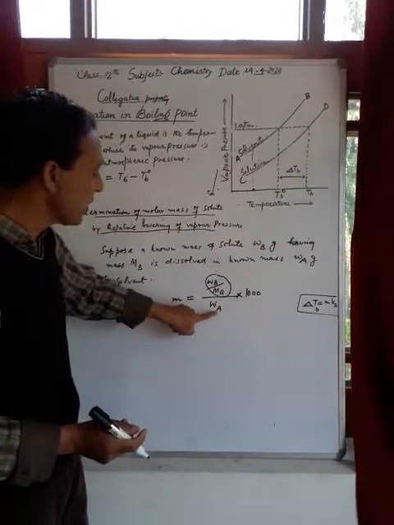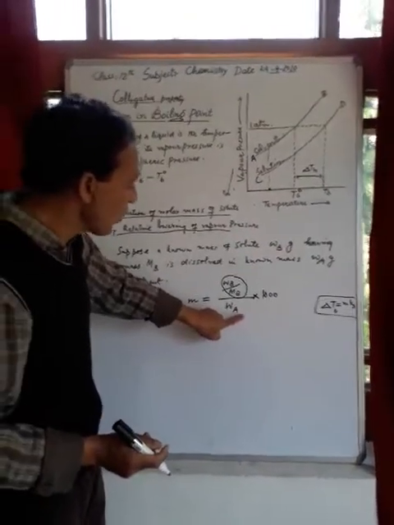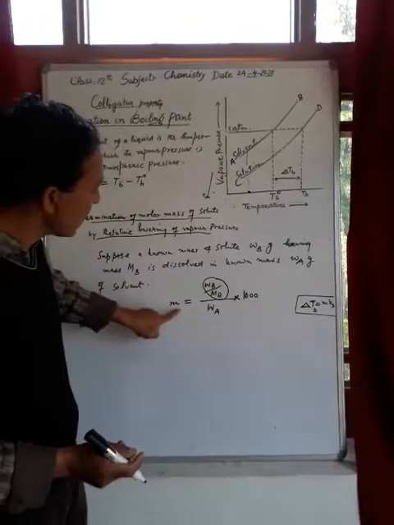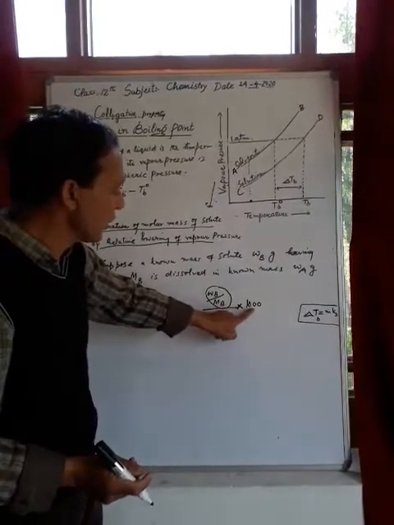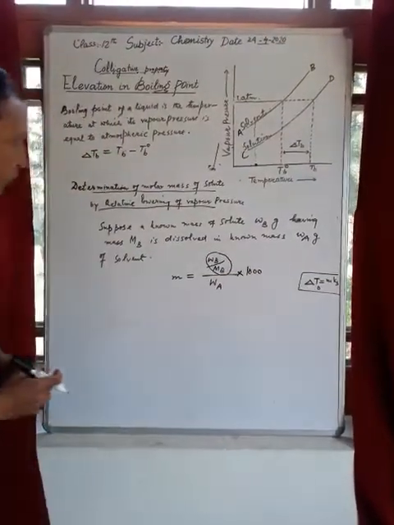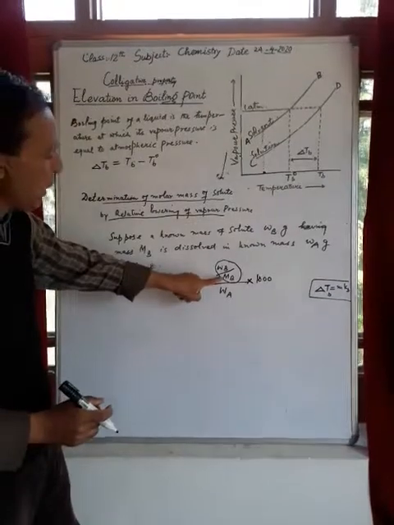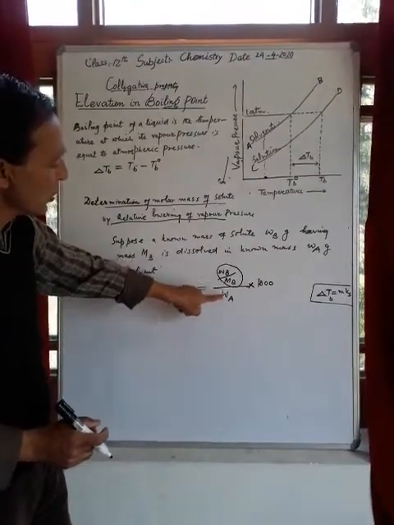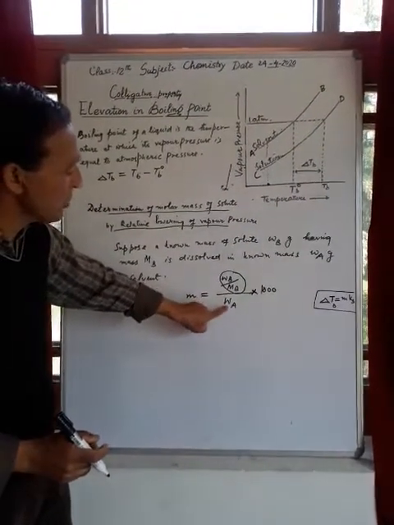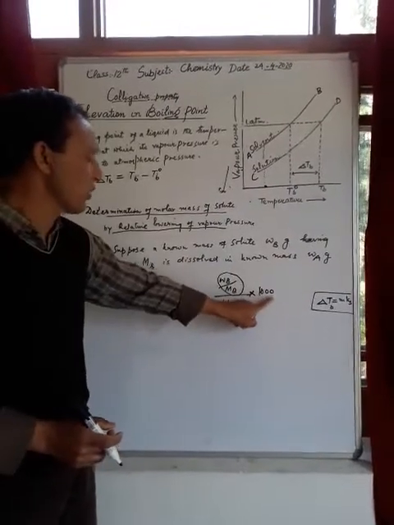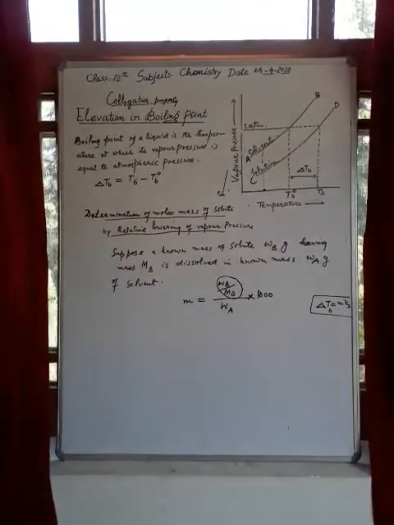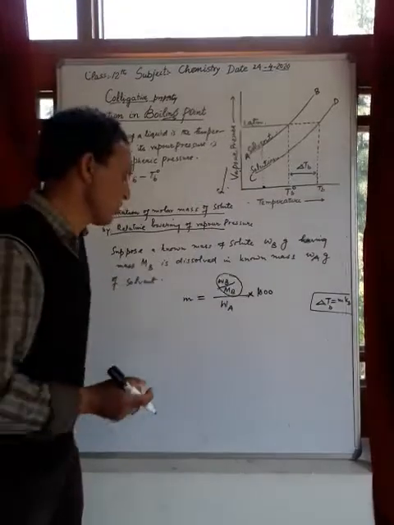But we are dissolving the moles of the solute in WA grams of the solvent. In order to calculate the molality, we have to dissolve it in 1000 grams. So WB by MB is the number of moles of the solute, WA is the mass in grams of the solvent, and we have to calculate the value of molality in 1000 grams.